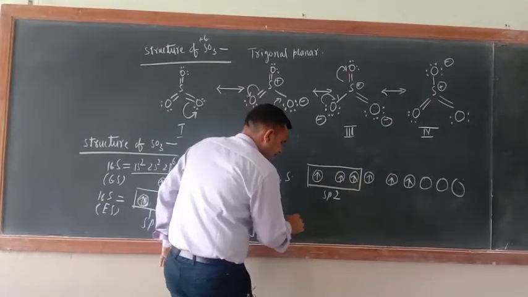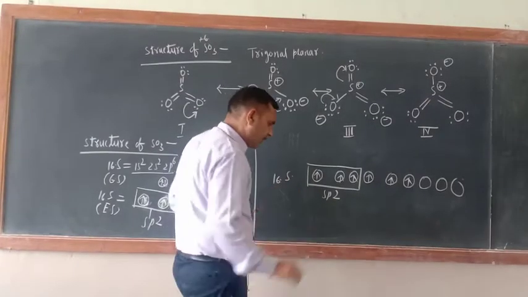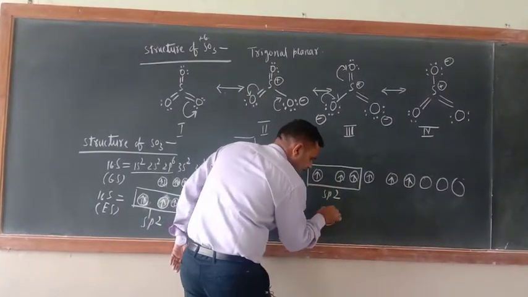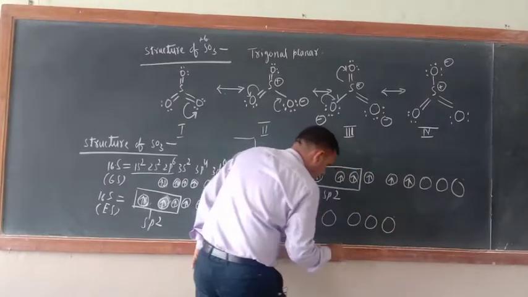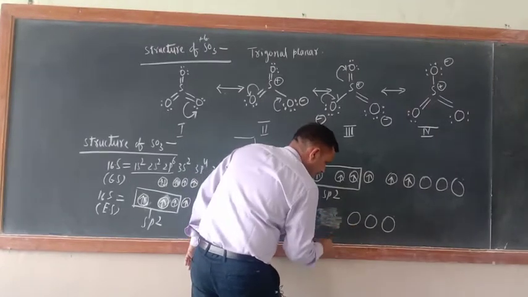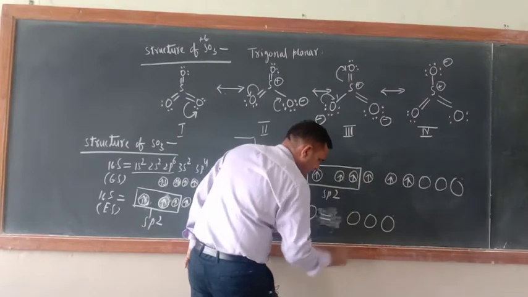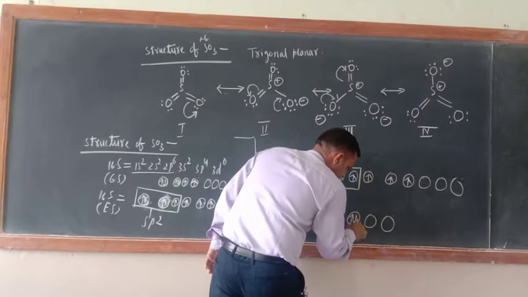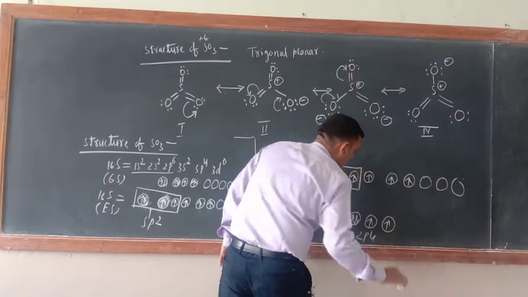3 oxygens. So the oxygen electronic configuration you know, so we'll write only what is required. Oxygen 2s2 and 2p4. Don't write 2s also. Write down here oxygen 8, equal sign, this is 2p4.